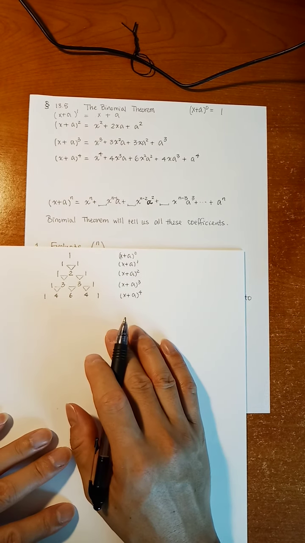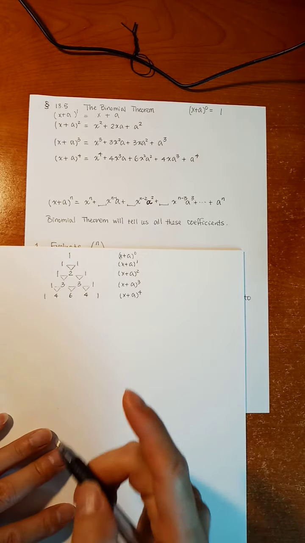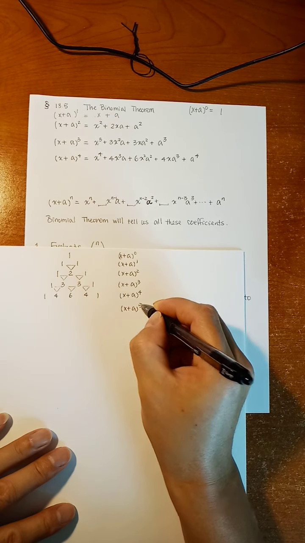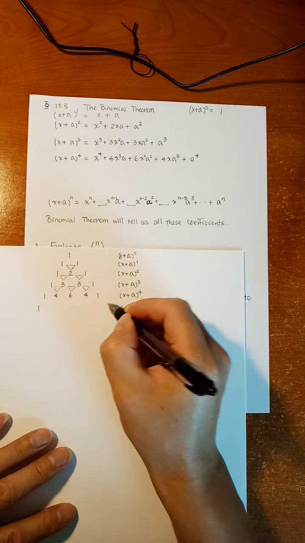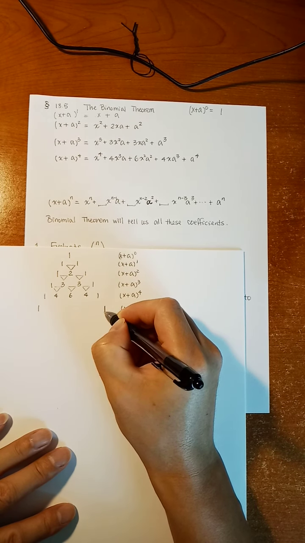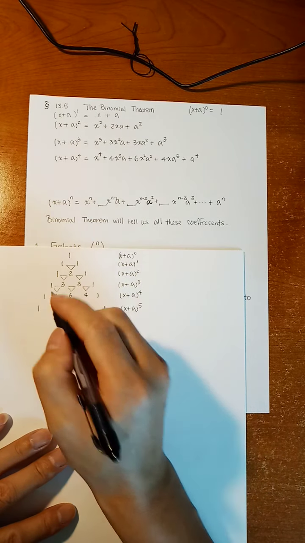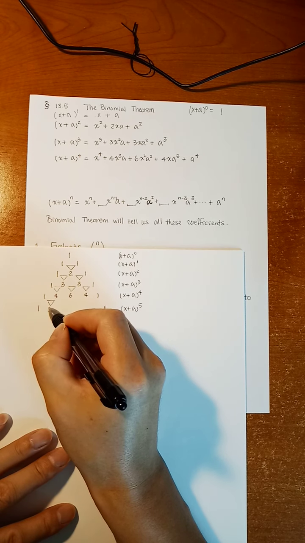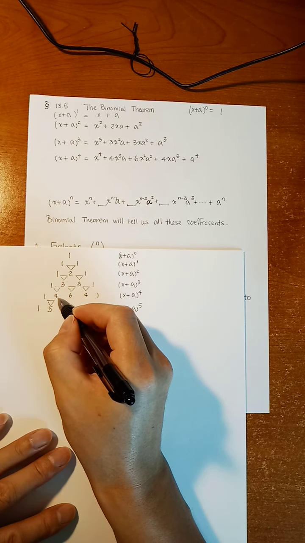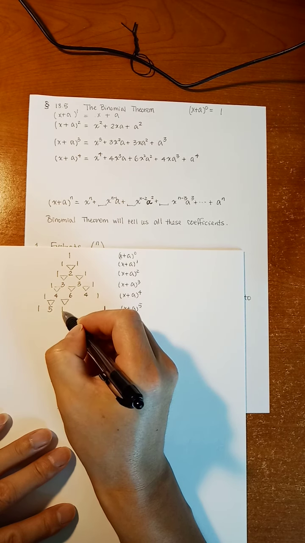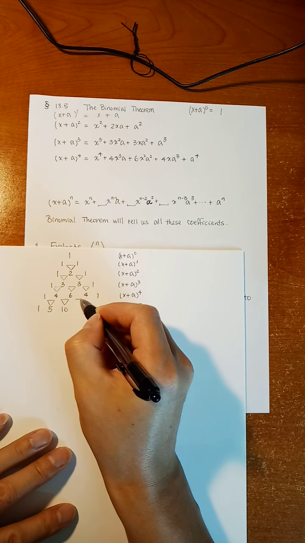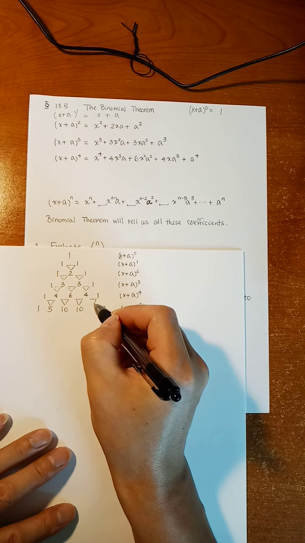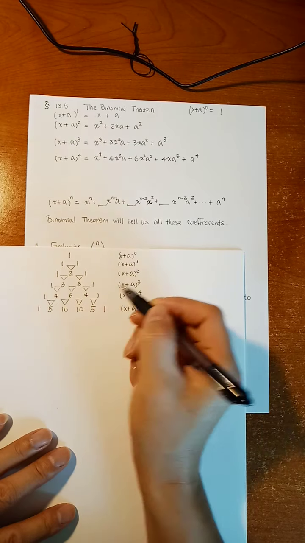If we have this observation, let's predict the next layer, x plus a to the 5th power. Remember, we said two sides are always 1, so these two numbers you don't need to worry about. Then 1 add 4, you get 5 at this place. 4 and 6, you get 10 at this place. 6 and 4, you get 10 at this place. 4 and 1, you add 4 and 1, you get 5 at this place.